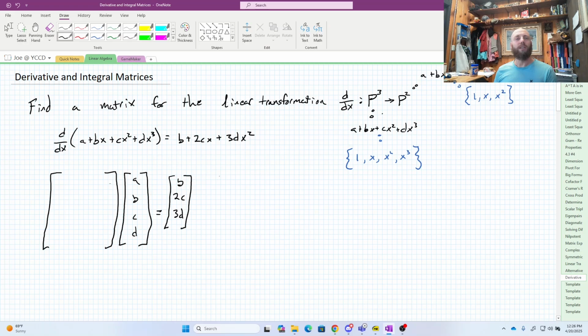Again, those are in the 1's space for the B, the x space for the 2C, and the x squared space for the 3D.